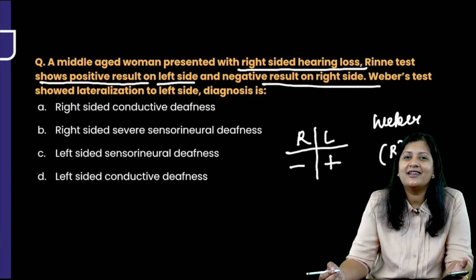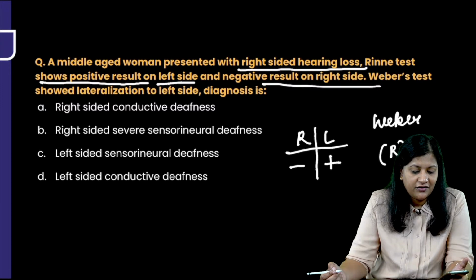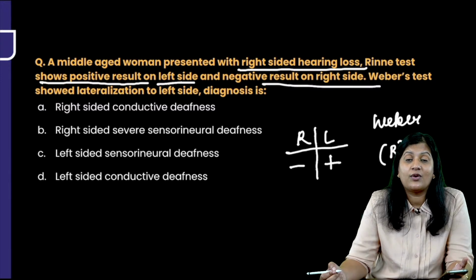Now this is a little bit tricky question. Let me see how many of you will get the answer. Very good, Dhananjay, Shiv, Tanushri, Pinky, Vishwa, very good. I'm seeing that you're able to answer it right. This is a pathology where you have unilateral severe to profound sensory neural hearing loss.